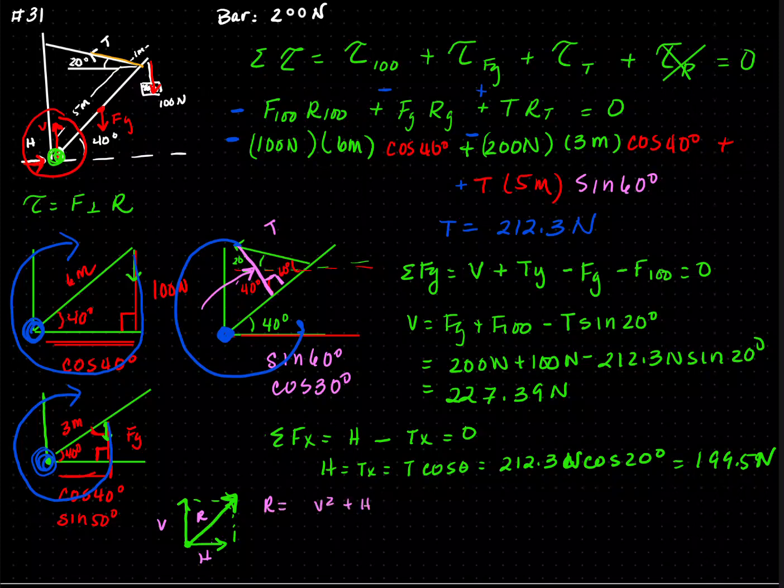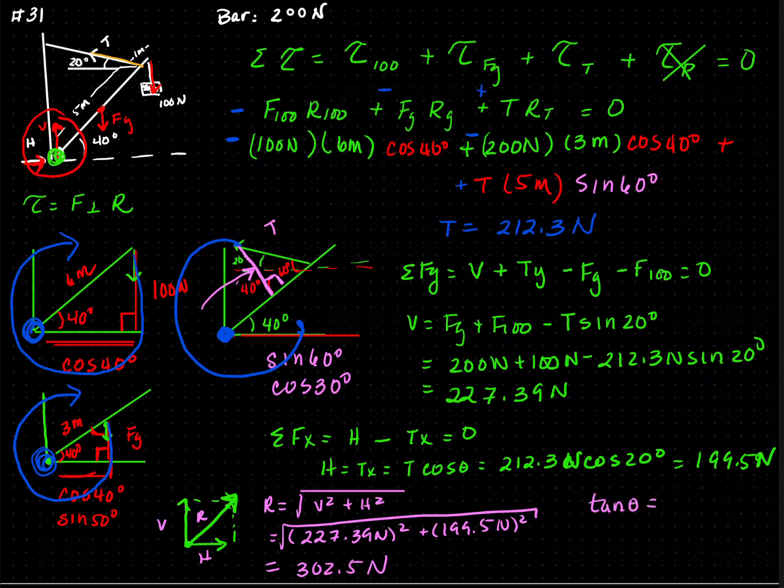So V squared plus H squared, take the square root. V is equal to 227.39 newtons squared plus 199.5 newtons squared. Take the square root. This is equal to 302.5 newtons.